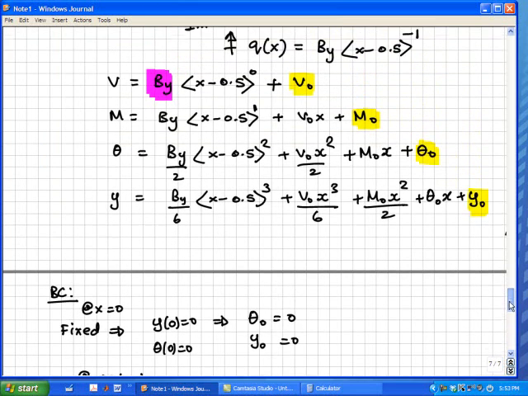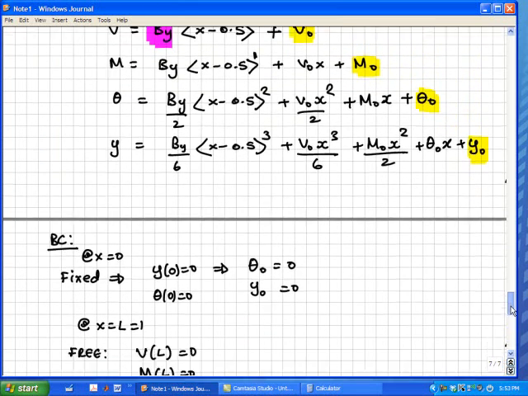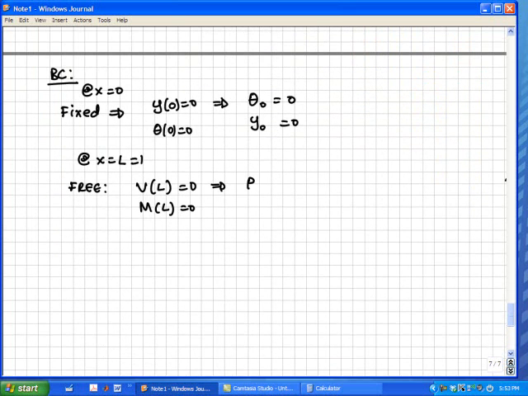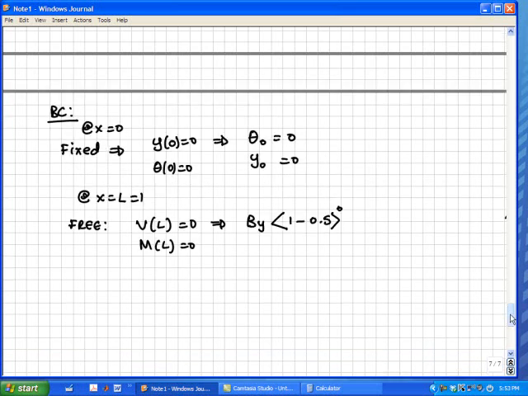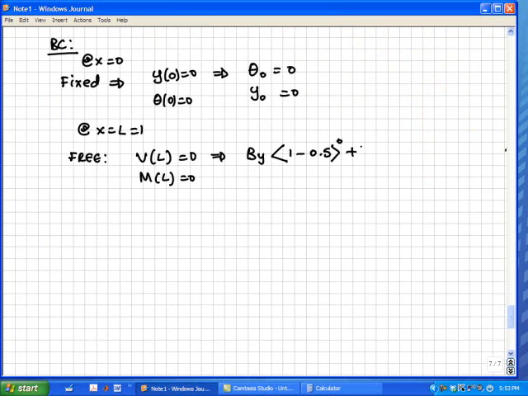So what happens? Now if I compute that at L, this means By times <1 minus 0.5> to the power 0 plus V naught equal to 0. Since x is greater than 0.5, this thing will become 1 because it's <0.5> to the power 0, which is 1.